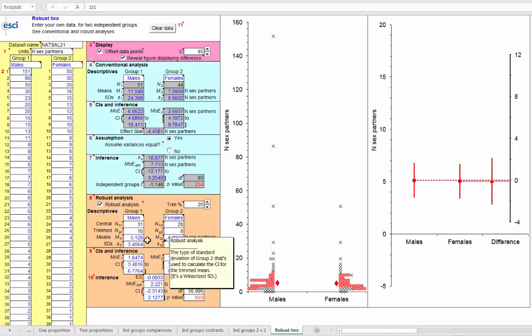It actually responds to all 51 data points. And so here we've calculated our mean and confidence interval to estimate something different, not the mean of the population, but the trimmed mean of the population.